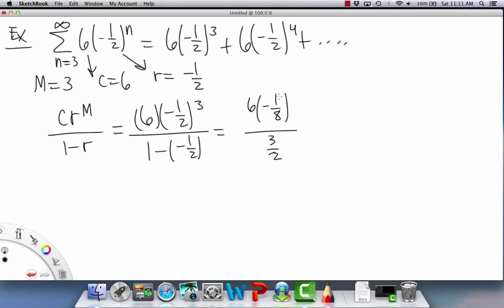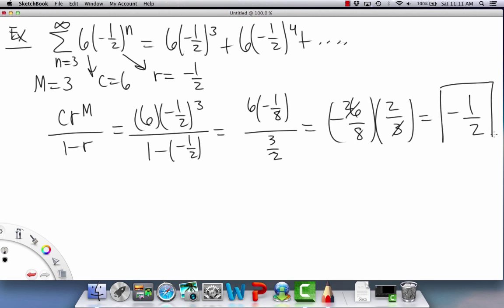If we simplify, we get -6/8, and then I multiply times the reciprocal, so this cancels here. We have a 4/8, so this equals -1/2. That would be the sum of this infinite geometric series.